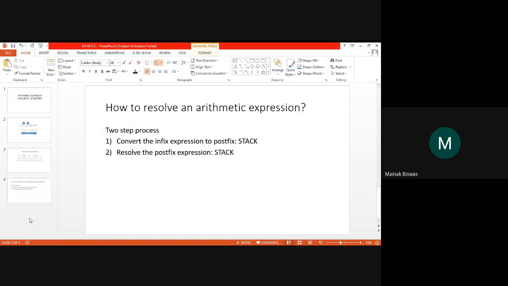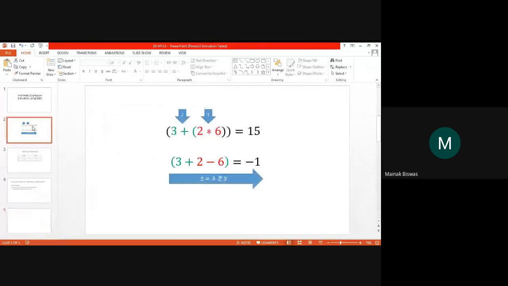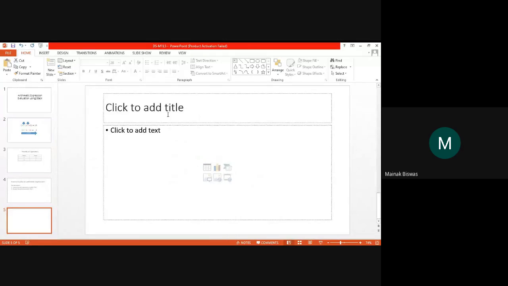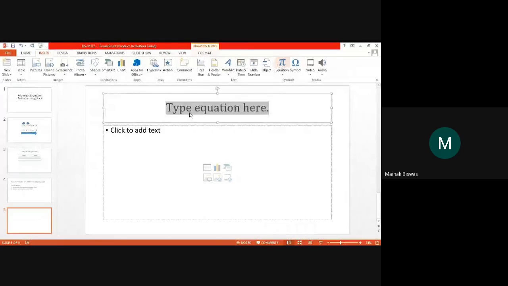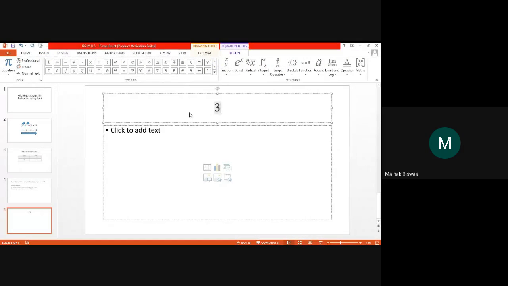Let us take our earlier example, 3 plus 2 into 6, which we have to convert. Our expression is 3 plus 2 into 6, and let us try to resolve it.